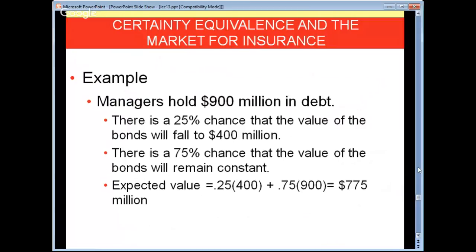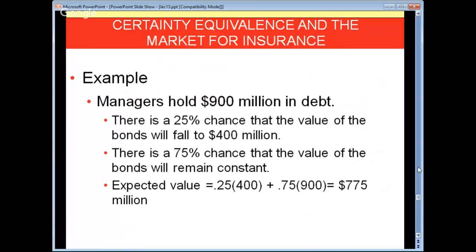So why is the expected payout 125 million? There's a 25% chance that the bond issuer will only pay 400 million, and that difference is 500 million, from 900 million to 400 million. So why is the expected profit, or what the insurance company is willing to charge, 125 million?